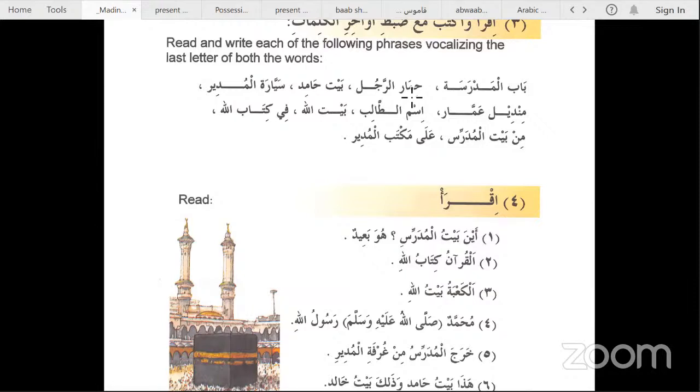Am I right, Sheikh? Yes, himaru rajuli, yes. Baitul Hamidi, Hamid, Hamidin. Baitul Hamidin.